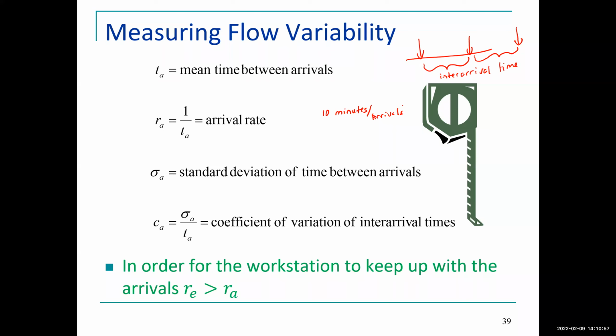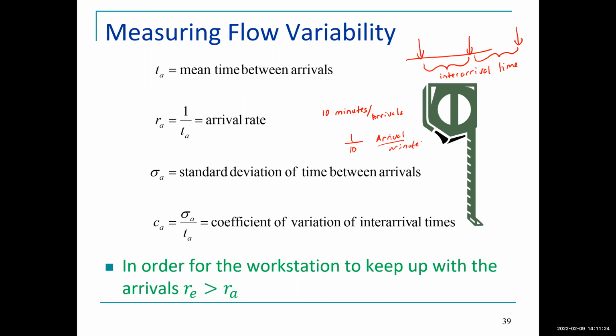Every 10 minutes, you get an arrival. If you do 1 over that, you get 1/10 of an arrival per minute. Okay, so the arrival rate is basically the 1 over that mean interarrival time.